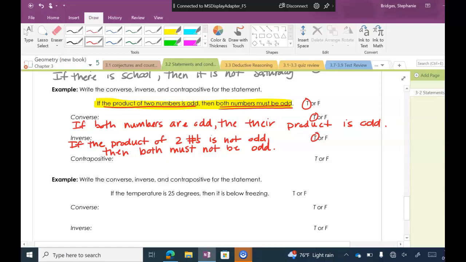And then the contrapositive is going to switch and negate. So if both numbers are not odd, and again, these don't have to be word for word as long as they say you're switching the hypothesis and I can understand what you're talking about.